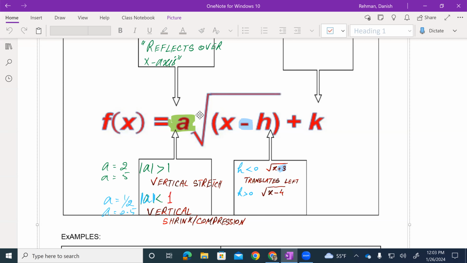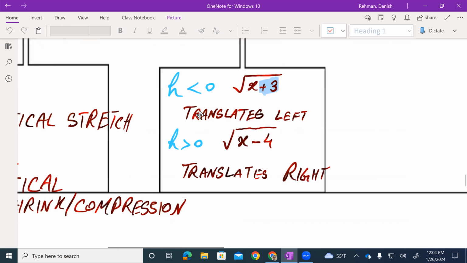Whenever you see a negative sign inside the square root, you should claim that the curve translates, shifts, or moves towards the right side. By how many units? In this case, 4 units to the right.